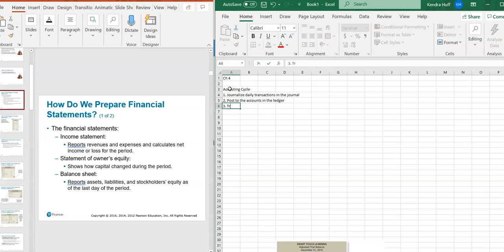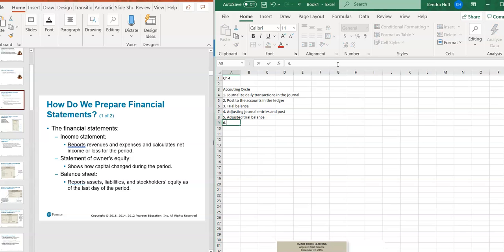The third step was to prepare a trial balance to make sure that your debits equal your credits. The fourth step was adjusting journal entries at the end of the month or the end of the year, whatever the time period may be. And it was adjusting entries and post, and an adjusted trial balance.